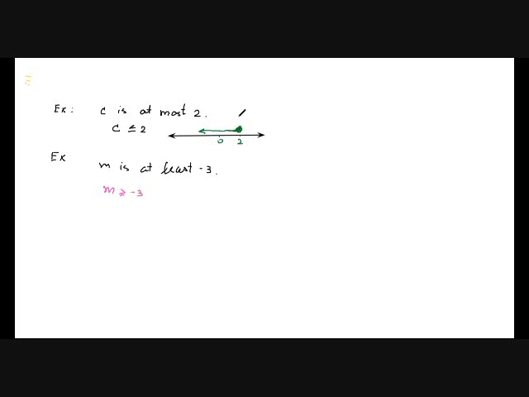When you put it on the number line, when you plot the graph, say our zero right here, negative 3 right here.